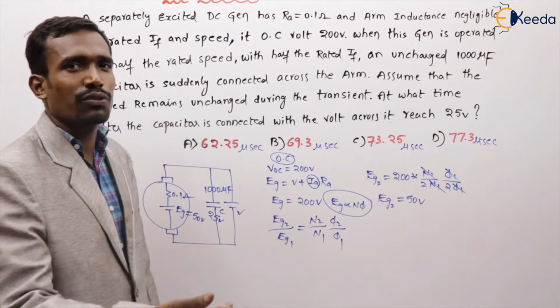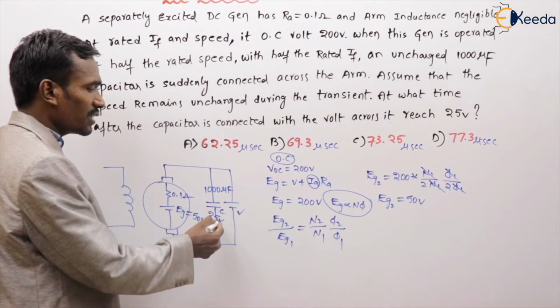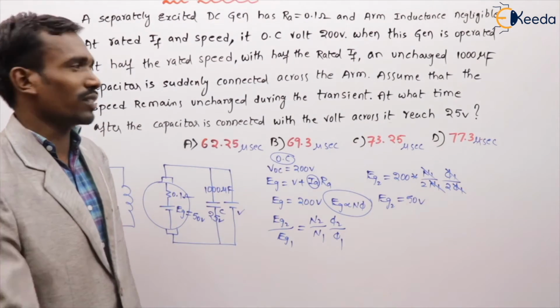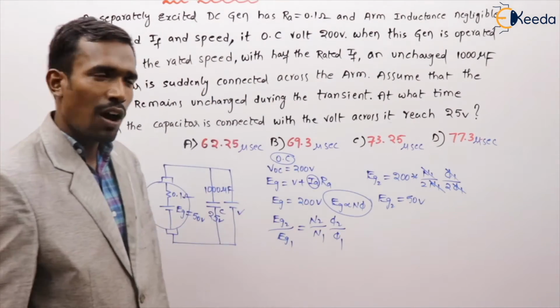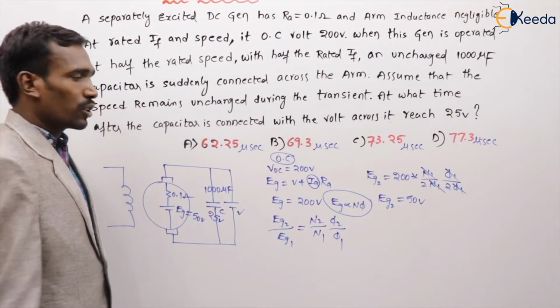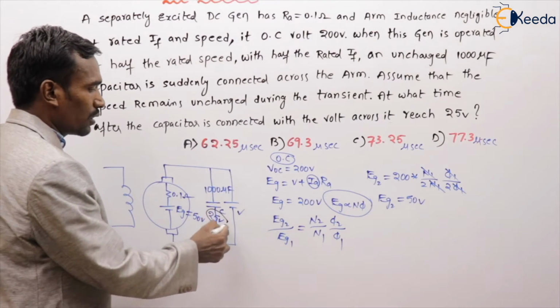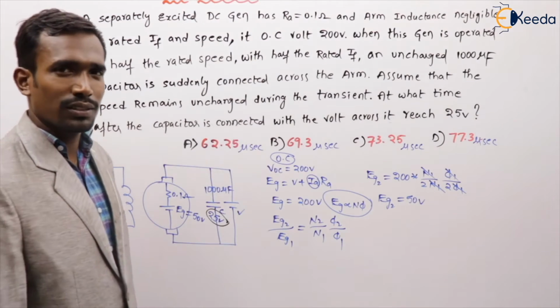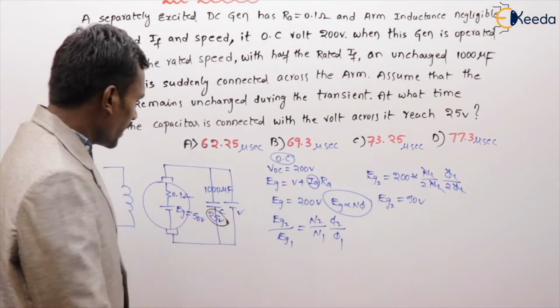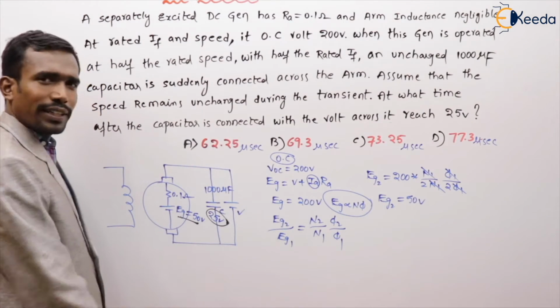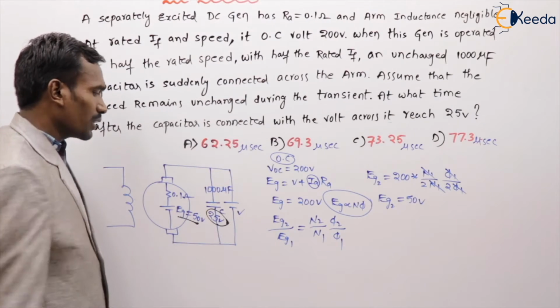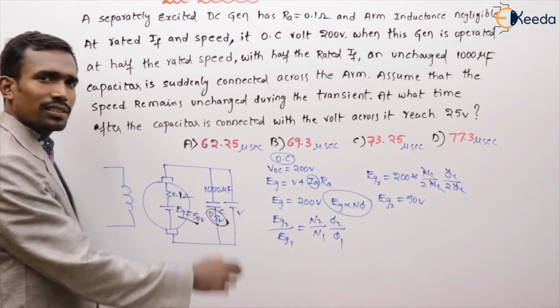How much time will it take to reach 25 volts is the question. These are the options they have given. How much time will it take to charge up to 25 volts? So here Eg is equal to 50 volts. This is the source voltage, this is the capacitor voltage, and this is the resistance.